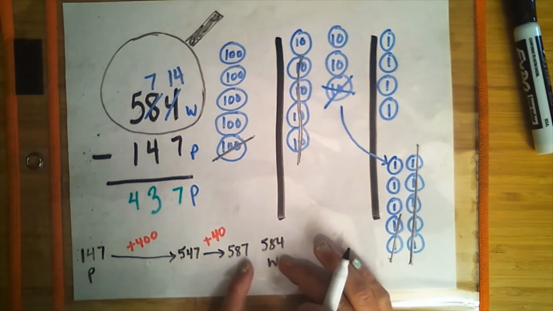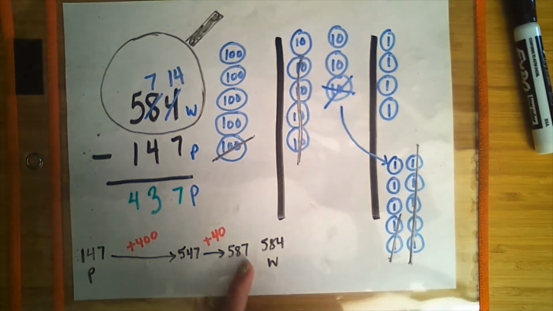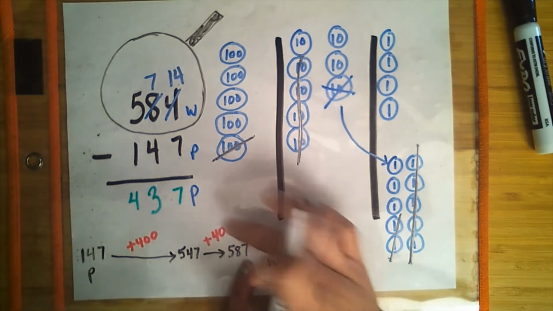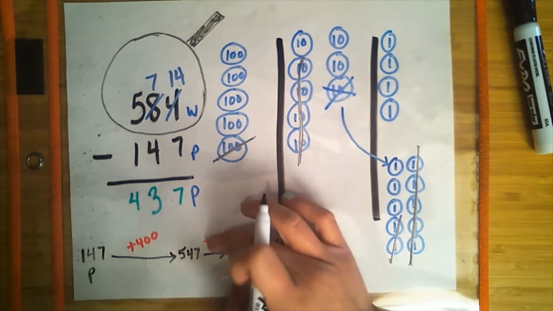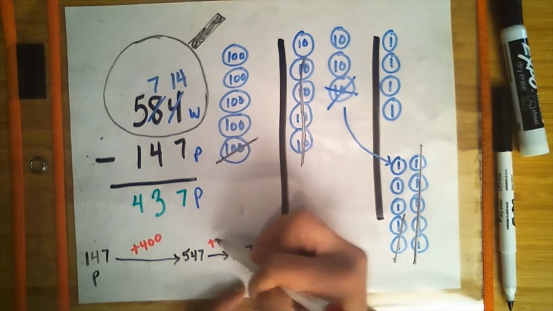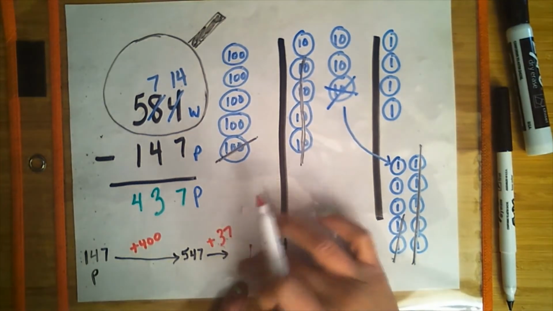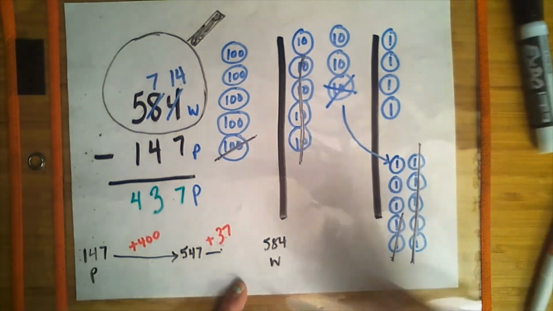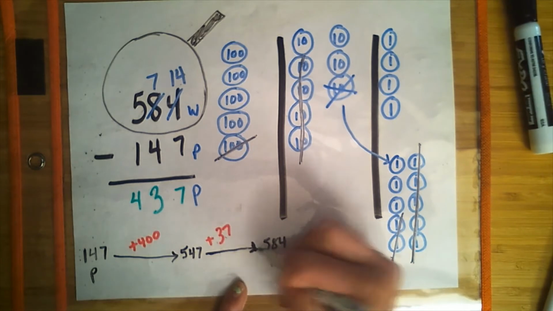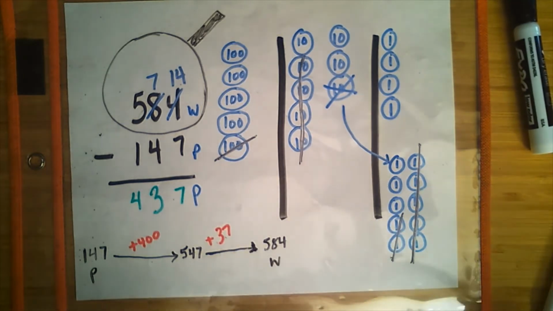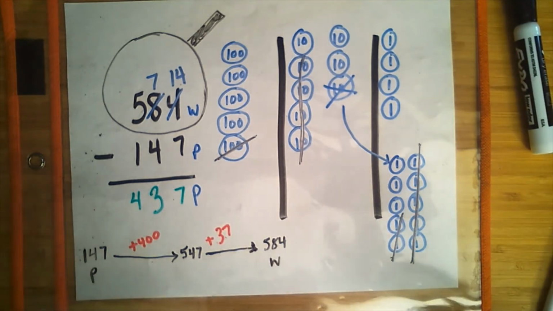Okay, so if I'm trying to get to 584 and I actually went over, now I'm at 7, I think that this needs to be lowered to 3 less. So 3 less than 40 is actually going to be 37. So let me adjust that. There we go. So my missing part is in fact 437.